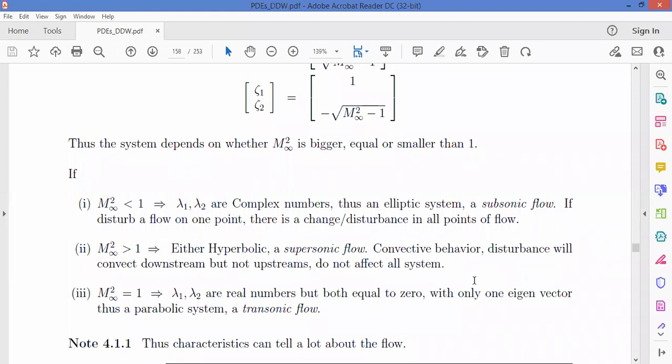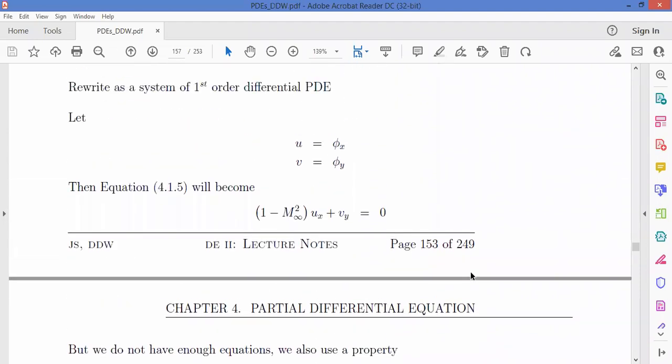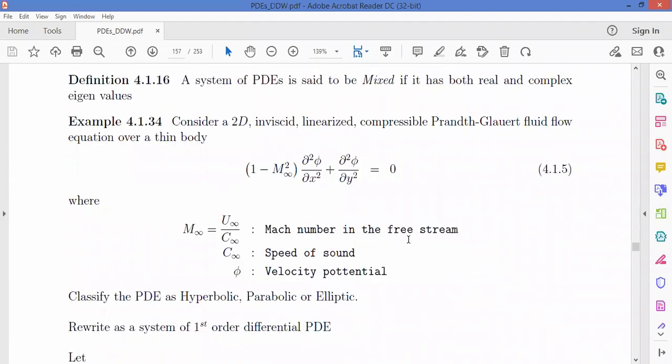But sometimes when you are given a system such as this, where you have UXX and you have your UYY, you could use the discriminant we talked about earlier.